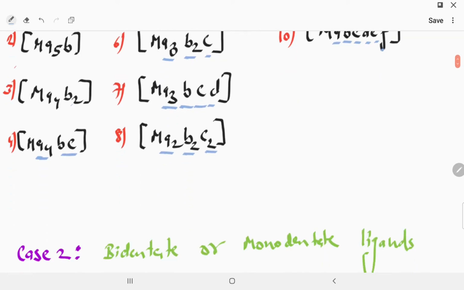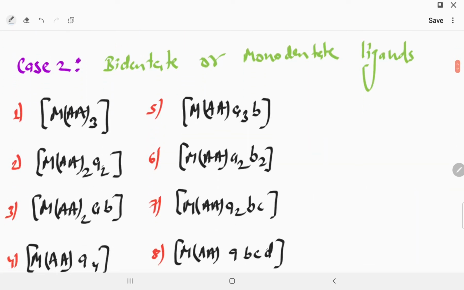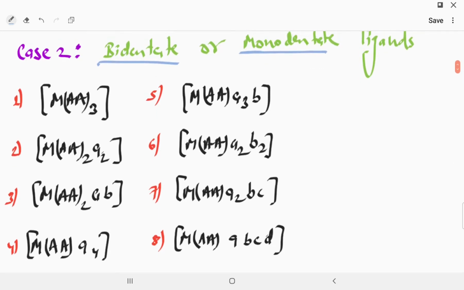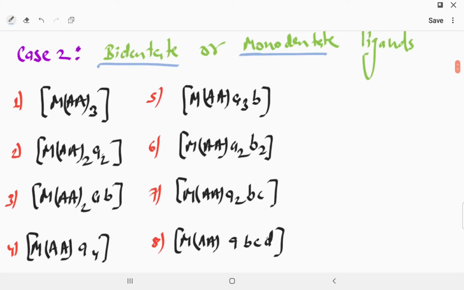Now case 2: in case 2, a bidentate ligand is also present along with monodentate ligands. These bidentate ligands have symmetrical ends, and we denote this by AA. So M(AA)3 has 3 bidentate ligands. M(AA)2A2 has 2 monodentate ligands that are the same. M(AA)2AB has 2 monodentate ligands that are different.